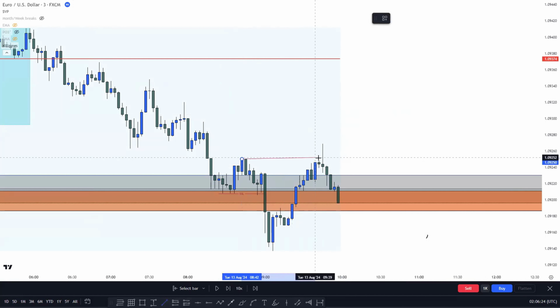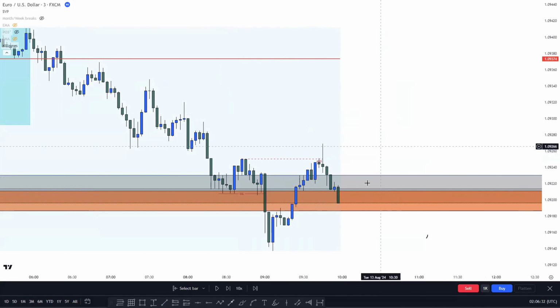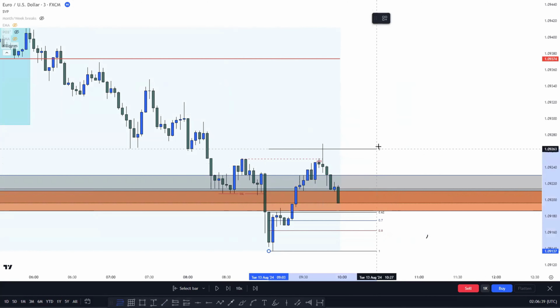So what do we do? Let's plug in our Fibonacci from this swing low to this swing high, and also identify our smaller time frame fair value gaps, which is basically here.